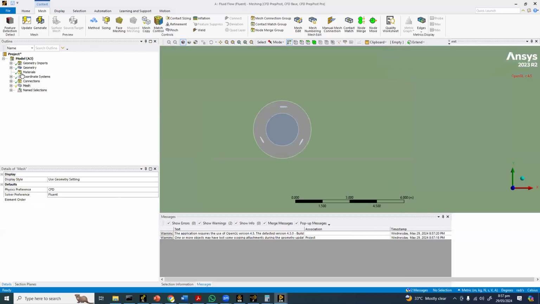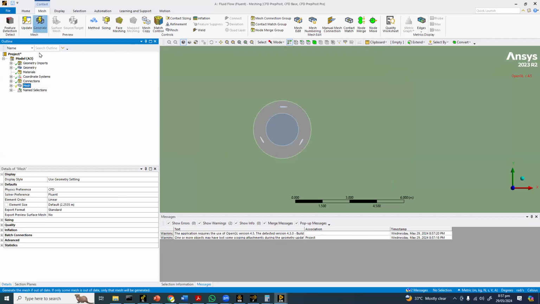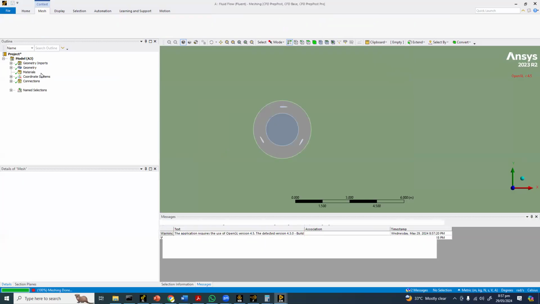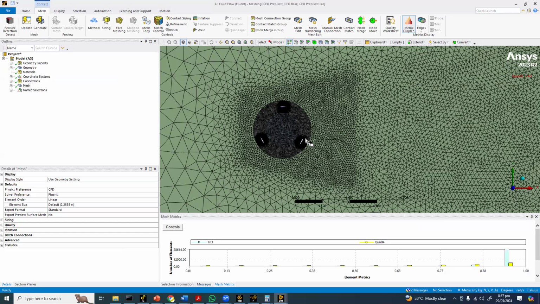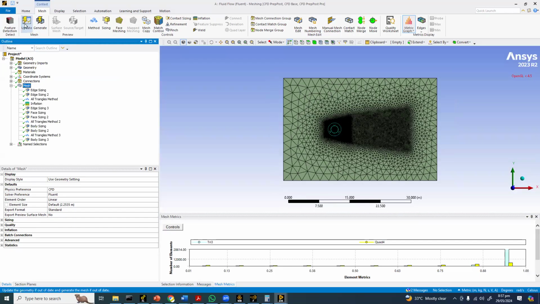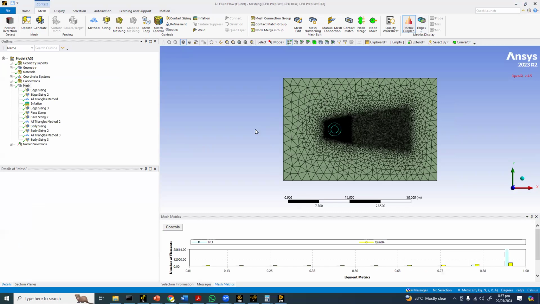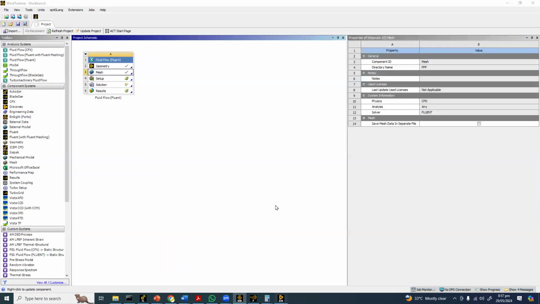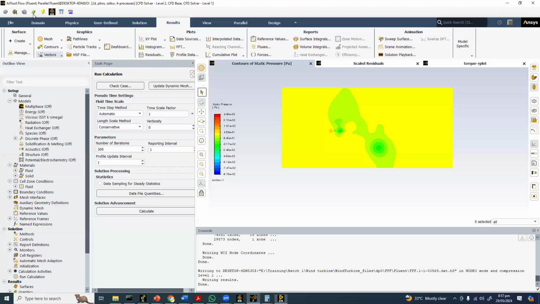Yeah. Okay, so simply generate the mesh and update everything. Okay, and update. Simple. You can read the mesh file by clicking on the refresh input data file.